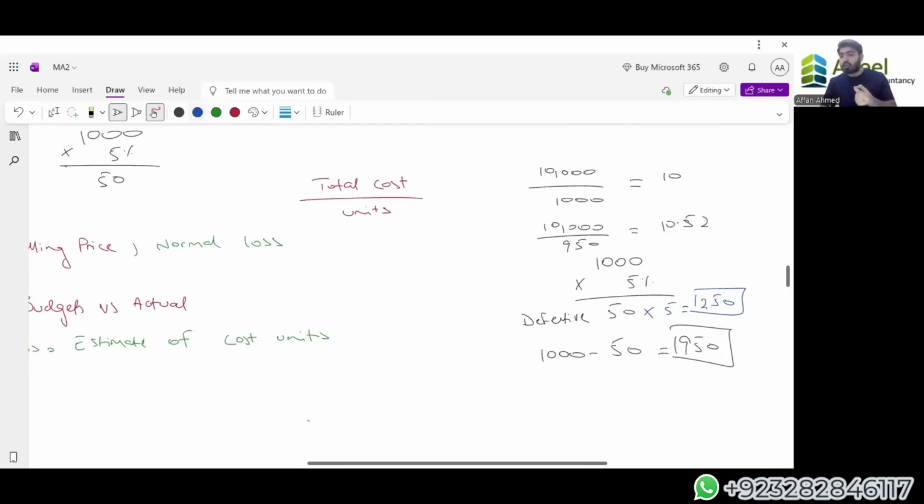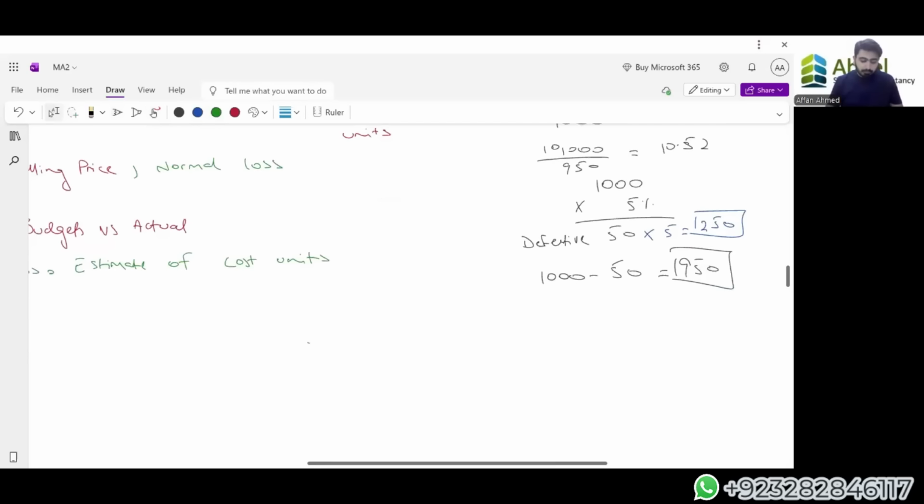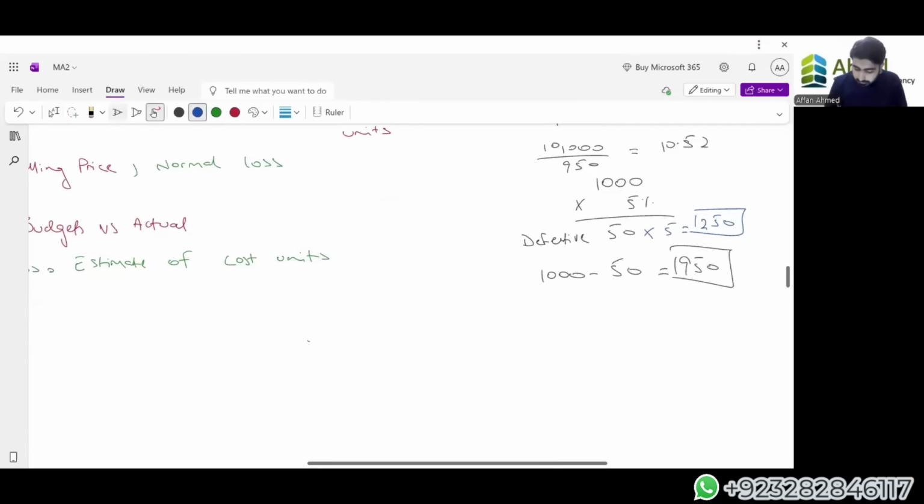If we are able to recover 250 rupees from the wasted units, should we not reduce the cost of the process by the amount that we can retrieve from the defective units, so that the burden of those defective units does not fall more on the correct units? We can do this by subtracting the salvage value from the cost and dividing by the expected number of units.